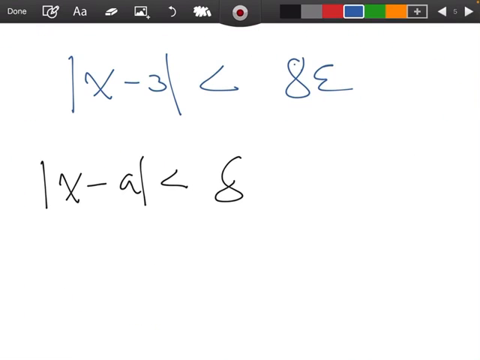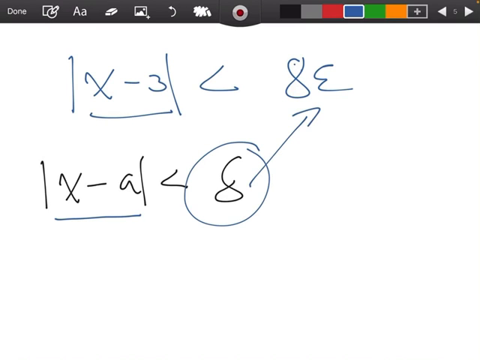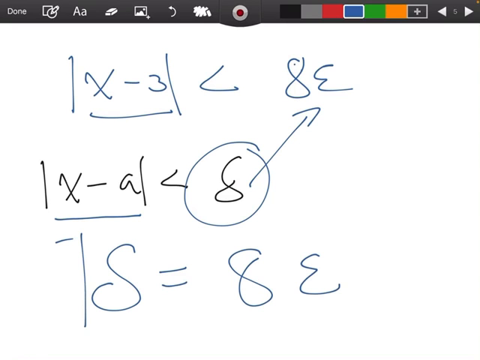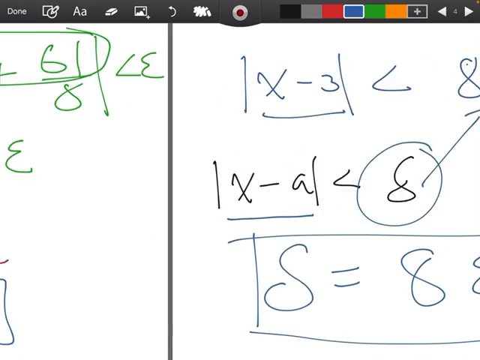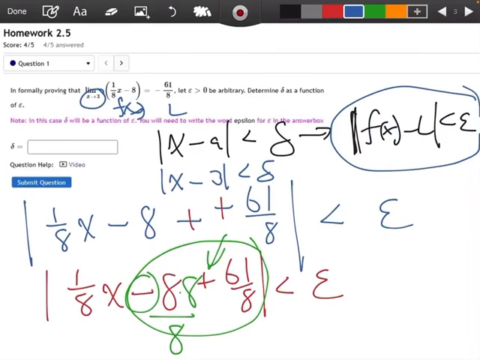So when I come back this way, this x minus a is the same thing that I have right there. So I'm going to say, look, delta is going to be equal to 8 epsilon. And that's my answer because the question is asking me, determine delta as a function of epsilon. So we're going to say delta is equal to 8 epsilon, and we are done.